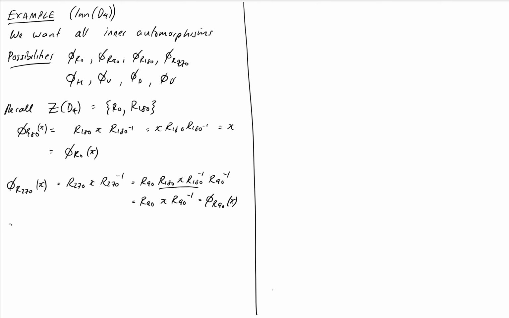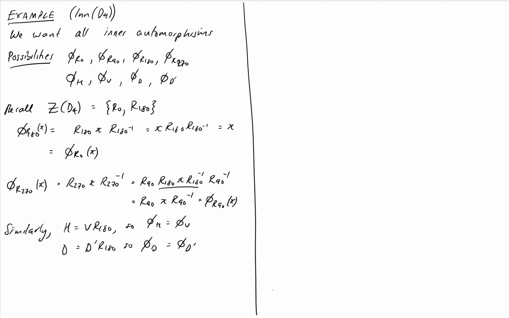Similarly, H is equal to V times R180. So phi H equals phi V, for exactly the same reason. You can do the full working if you like. And D is equal to D prime times R180. So phi D is equal to phi D prime.